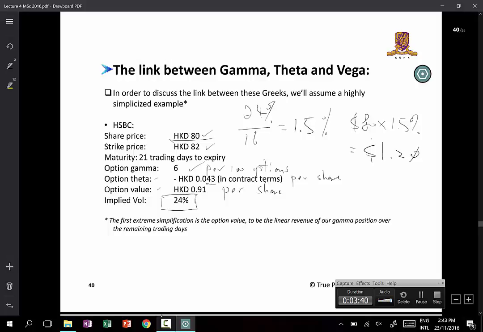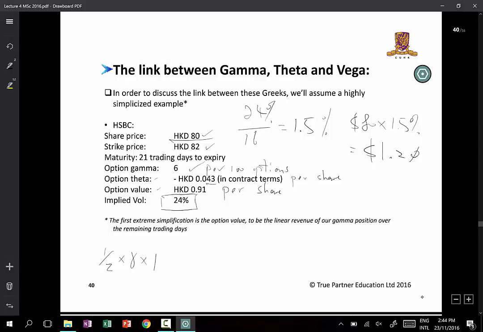Accordingly, if you are long this option, the gamma revenue that you will earn will be a half times gamma times the square of the change in price.